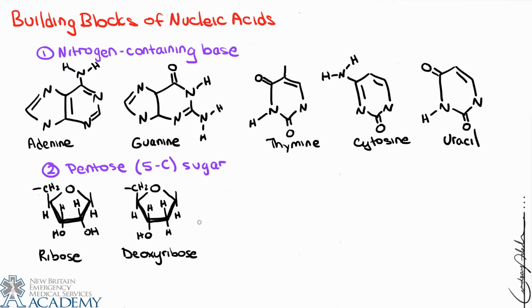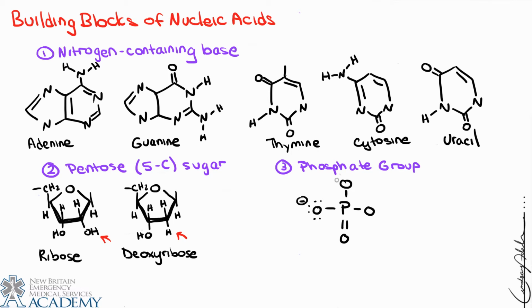And the difference between the two structures is super minimal. It's just one hydrogen attached to the second carbon, as opposed to an oxygen and then a hydrogen, or an OH group, attached to the second carbon. It's a tiny difference, but it's entirely the difference between the sugar component of the DNA or the RNA.